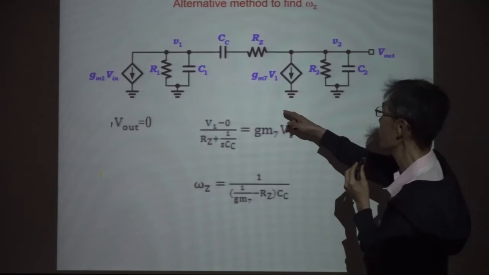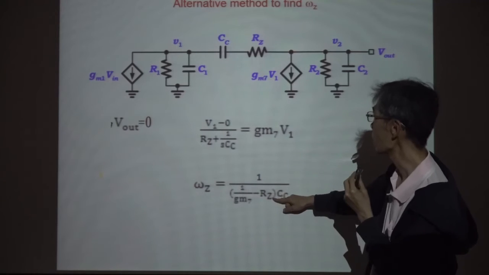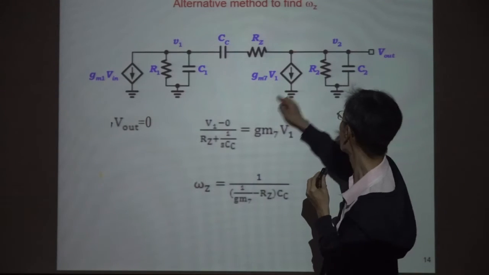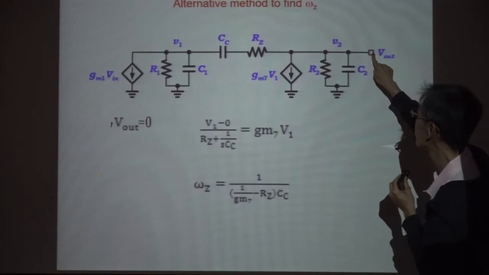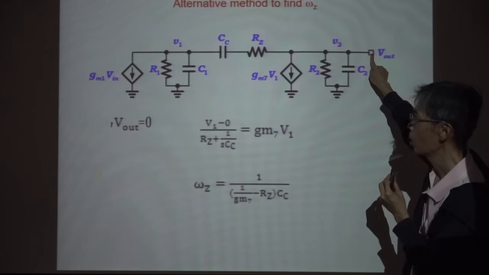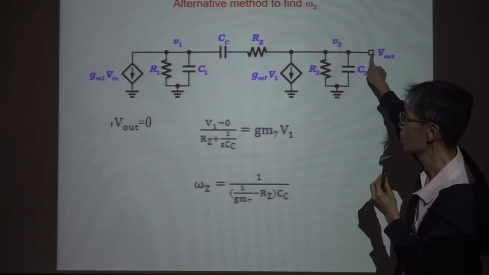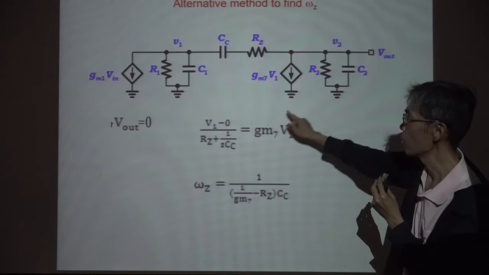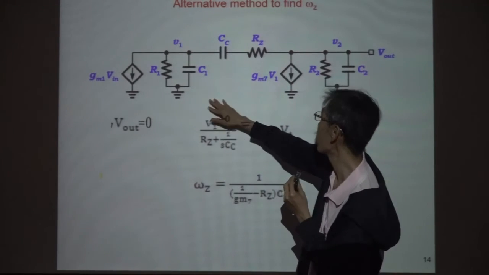So another way to find omega z. Remember, omega z is the zero position. This is another small signal model.